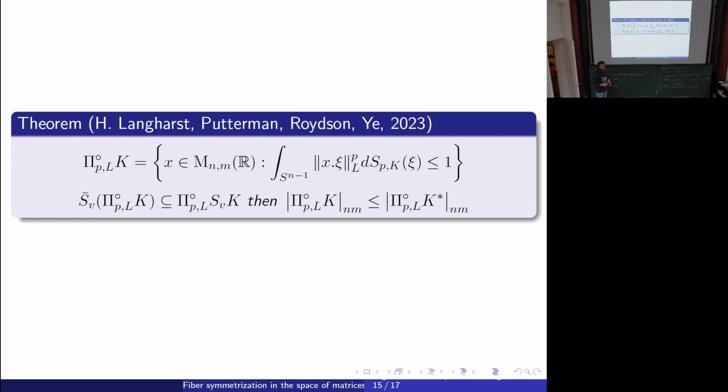It's another way of defining from an n-dimensional convex body a higher dimensional convex body which resembles the polar projection body in an anisotropic way using two bodies L and K, and we prove that the same happens with the volume of this polar projection body when you see it as a set in matrix space.